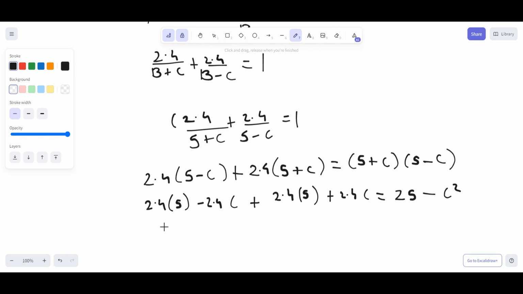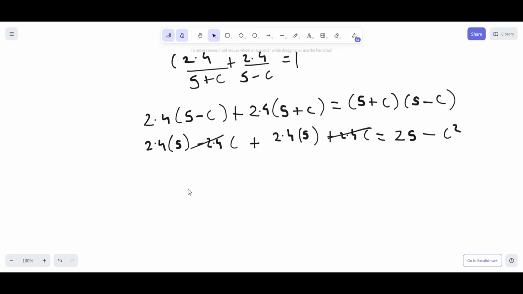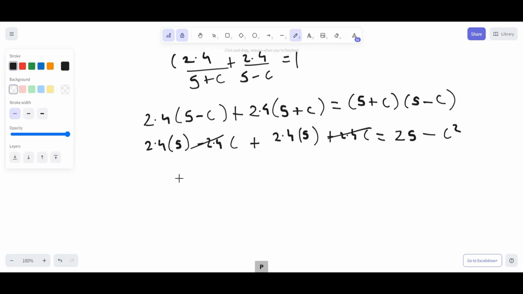Then 2.4 into, this gets cancelled out, 2.4c and 2.4c. So 2.4 into, we can actually multiply this, 5 5s are, so this becomes 2.4 into 10, that is equal to 25 minus c square.